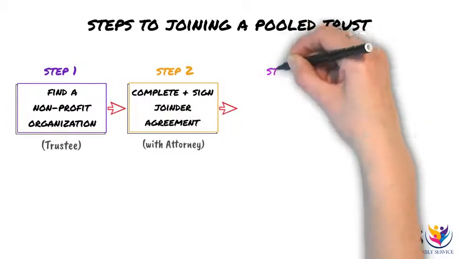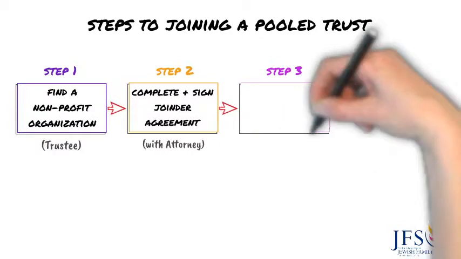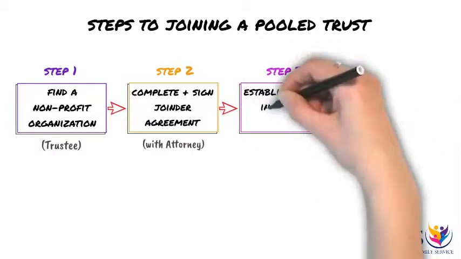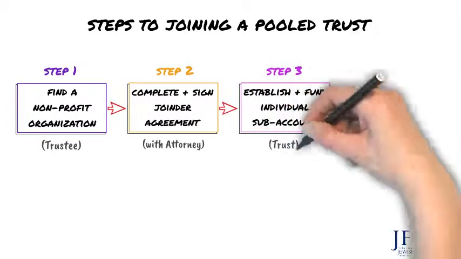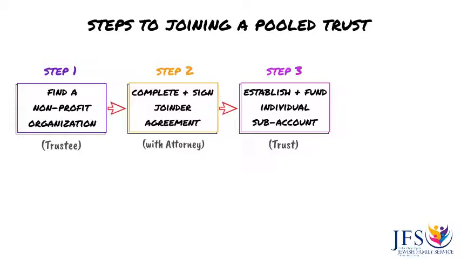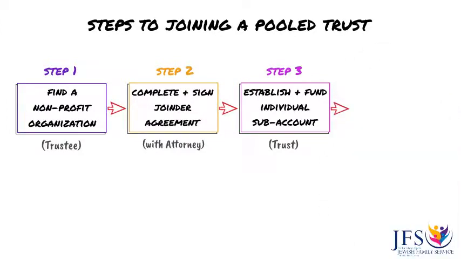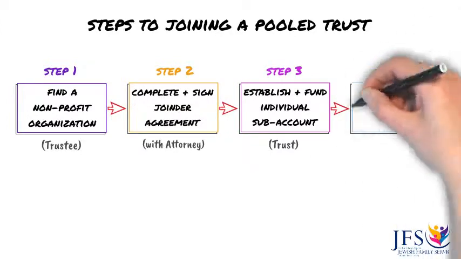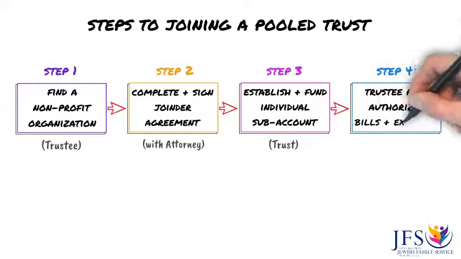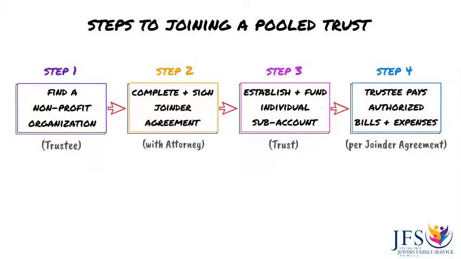Step 3. The trustee establishes the individual subaccount in a pooled trust bank, and the trust beneficiary will deposit their assets into the account, which is called a trust. Step 4. The trustee will pay the authorized bills and expenses from the trust. So those are the steps to joining a pooled trust.